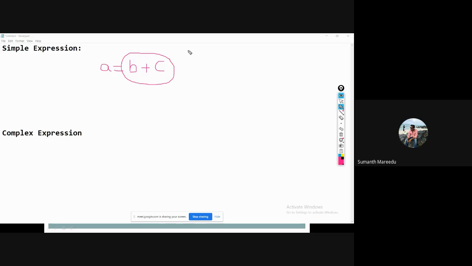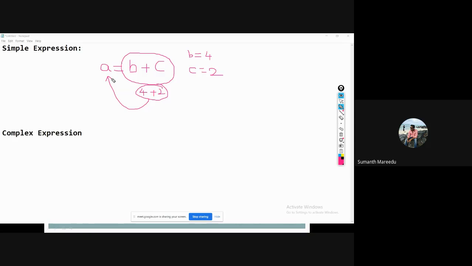So when you have the values of B and C, say B is 4 and C is 2, I'll simply do 4 plus 2, and that value, 6, is assigned to the variable A. Answer 6. Yes, 6. So this is called a simple expression.